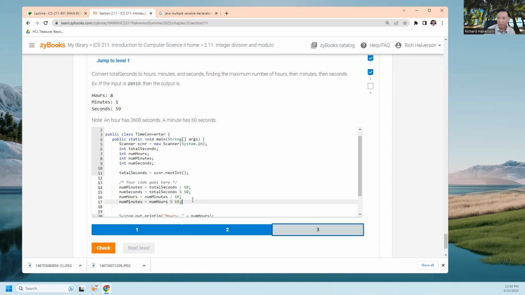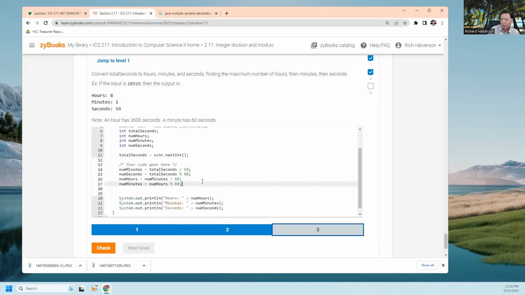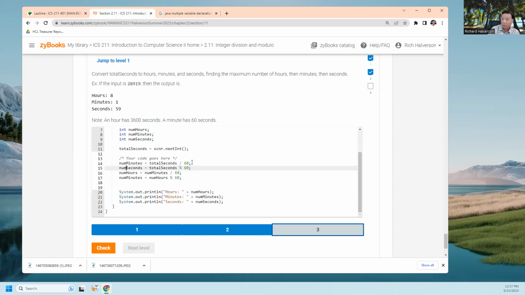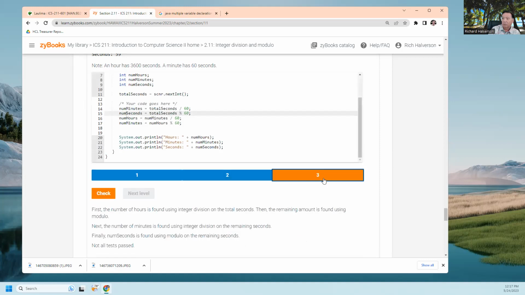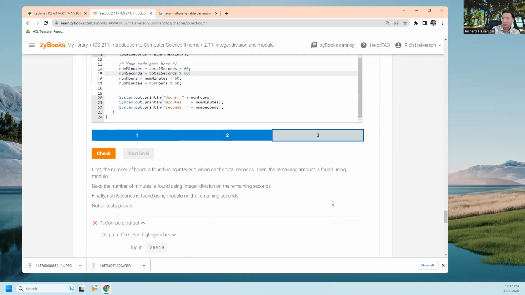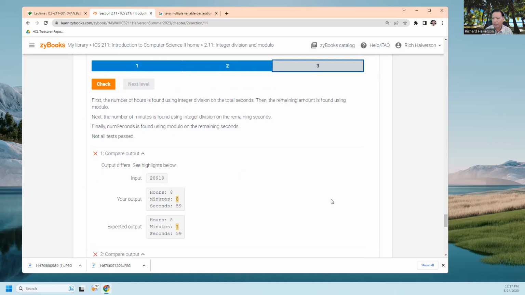Okay, I'm now in guess mode, but I need num hours, num minutes, num seconds. Yeah, that's going to be a small number. Okay, I'm going to see if this is right. I don't think it's going to be right. No, it's not right.